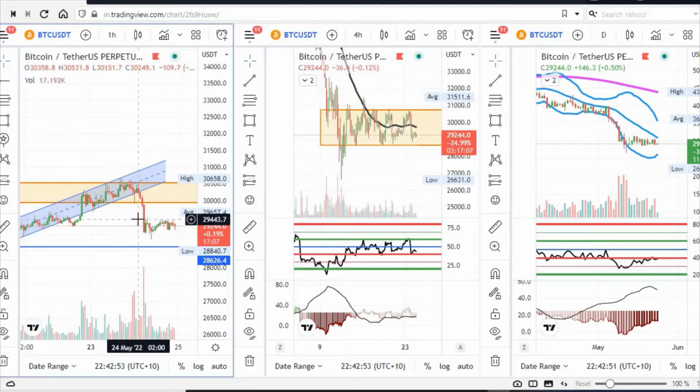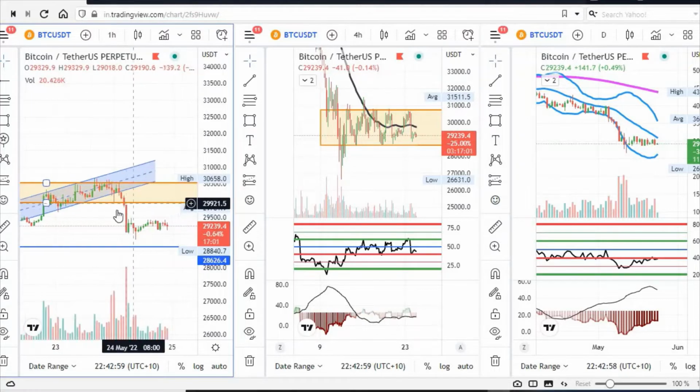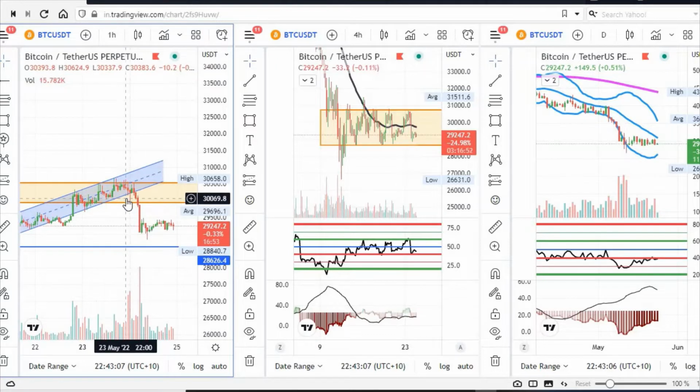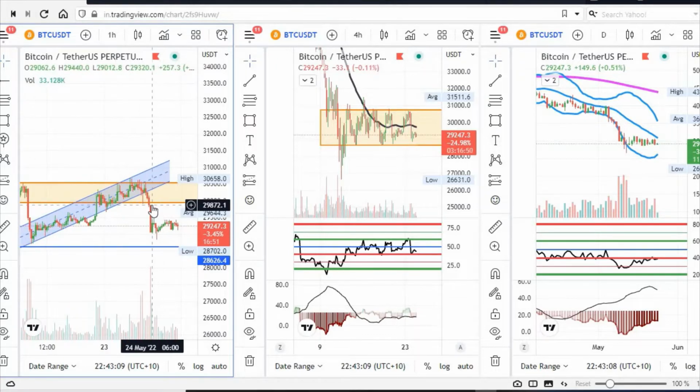So what happened is when it was falling below this parallel channel first, it took a first level of support from this rectangle itself.